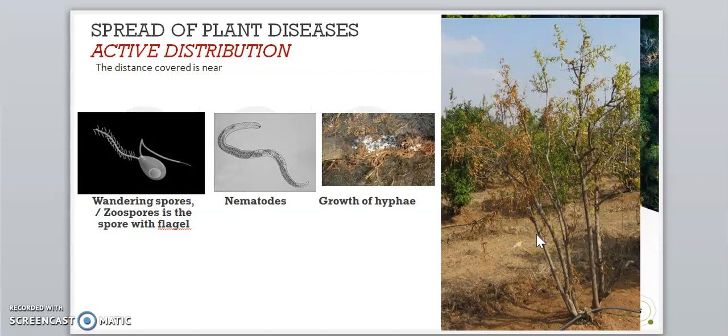Usually it is wilting, yellowing, or what we say drying. This is the symptom above the soil because of active distribution of plant disease, caused by zoospores, nematodes, or growth of hyphae.